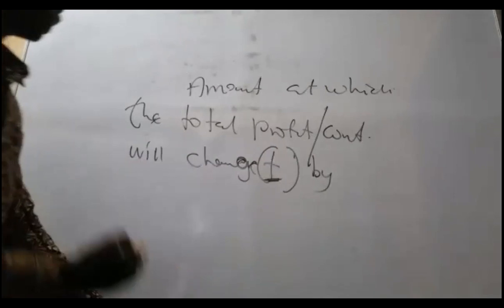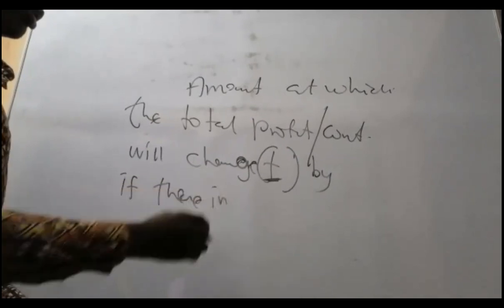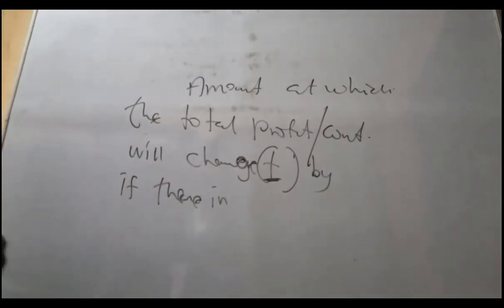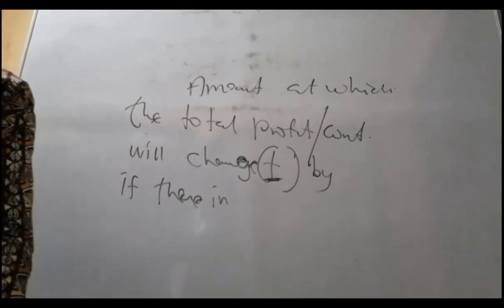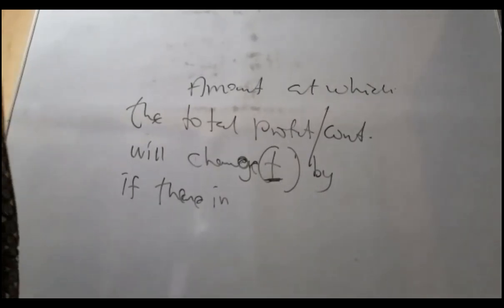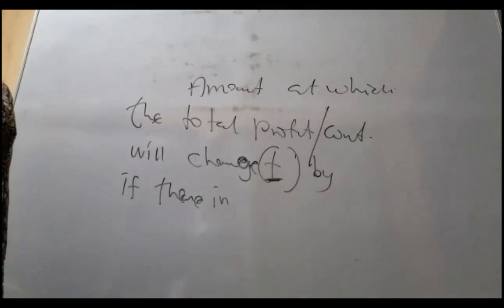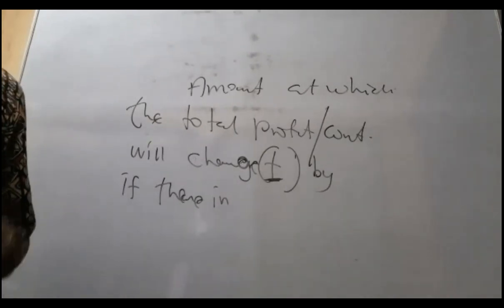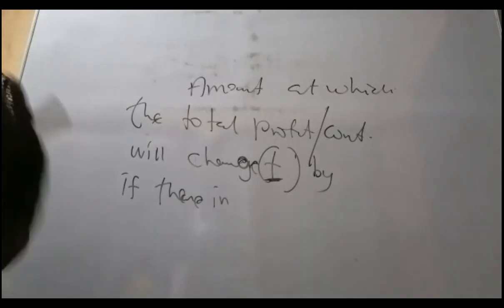Change by if there is a change in a unit of the scarce resources. In short, it is the contribution per the limiting factor. That is shadow price. So another term for shadow price is contribution per limiting factor. So if we should increase any of the scarce resources by 1 unit, how would the contribution increase by? That is the shadow price.